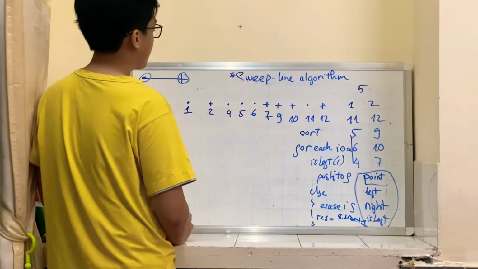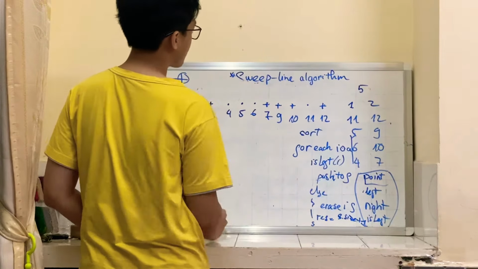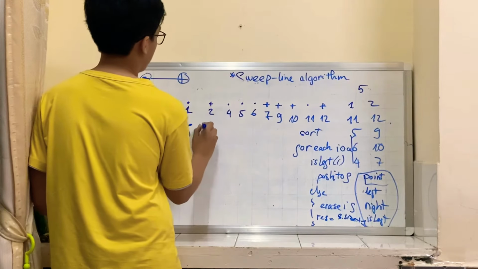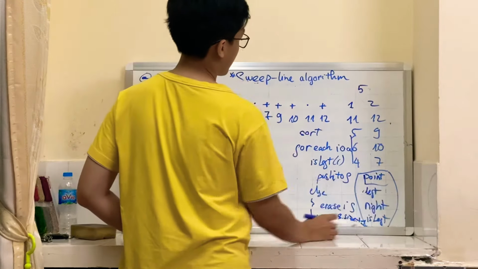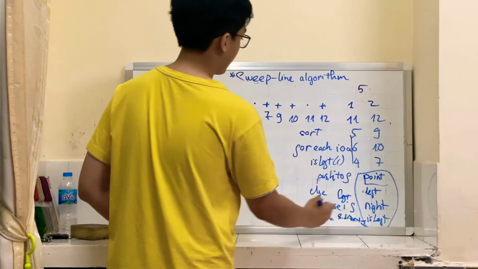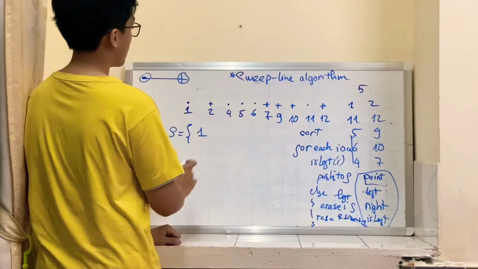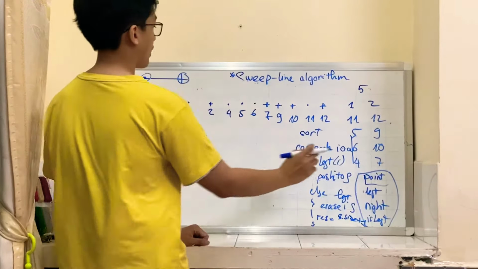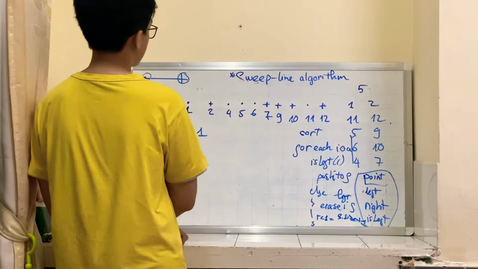For example, we take the value 1. Because 1 is the left side, we push 1 to the set. Then we take 2. We know the left of 2 is 1, so we erase the left of i, which is 1.